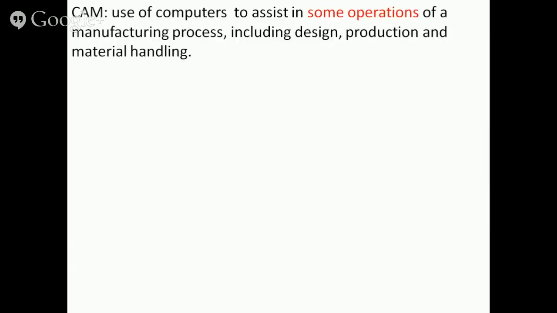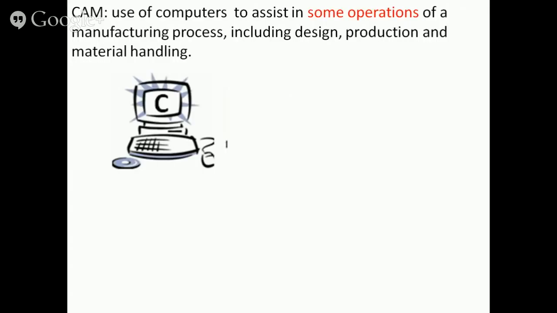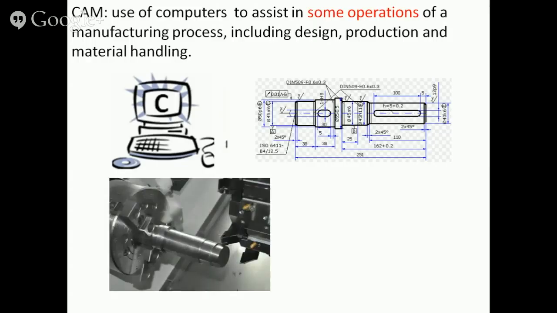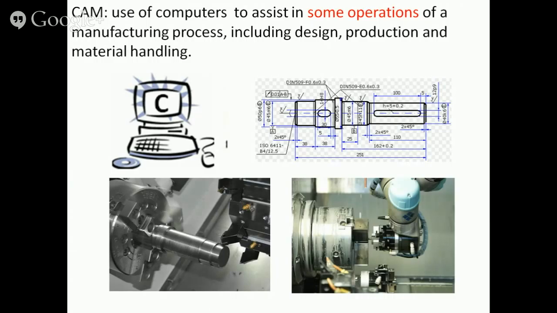If the word is spelled with capital letters, it may mean the use of computers to assist in some operations of a manufacturing process, including design, production, and material handling. This is the subject of our course.